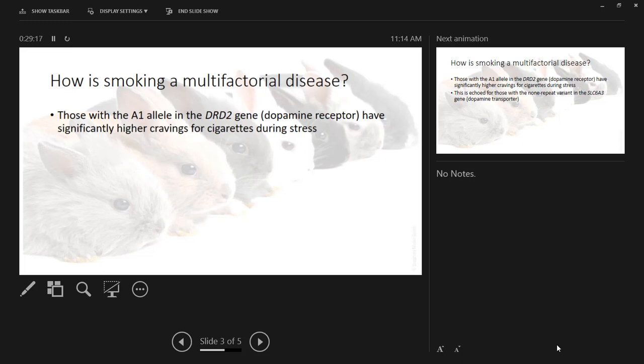But this is one thing that cigarette smoke will enhance, the reception of dopamine. And so again, people with this specific allele at this specific gene are significantly more likely to develop an emotional addiction to cigarettes.